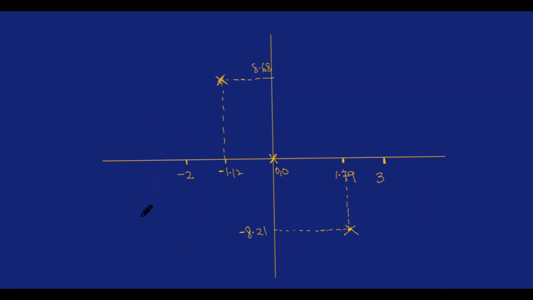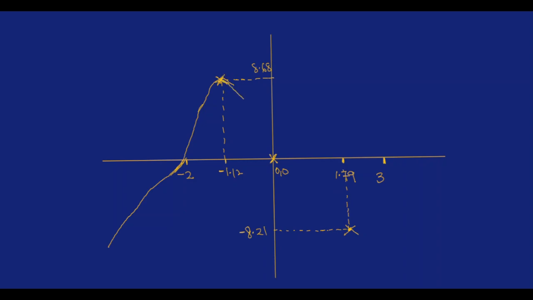Remember that we said to the left of minus 2, the function is negative. So this means to the left of minus 2, the lowest value the function can possibly have is negative infinity. So it just keeps going downward here. So we can draw from minus 2 this way. Then between minus 2 and 0, the function is positive from the behavior that we established.